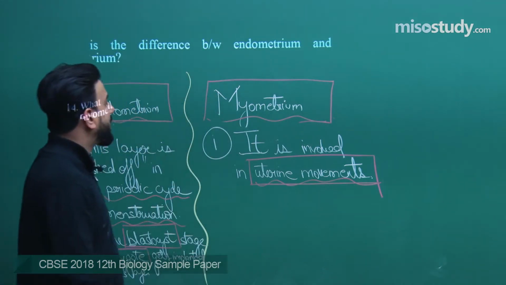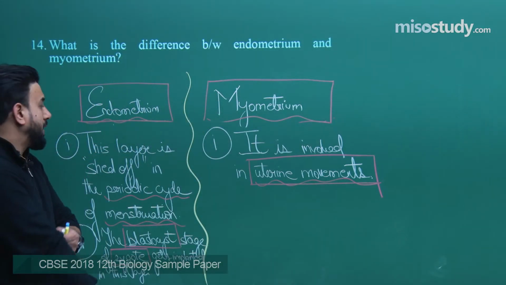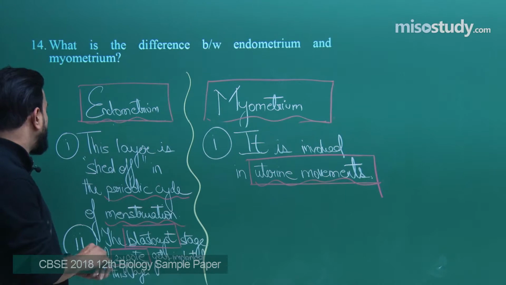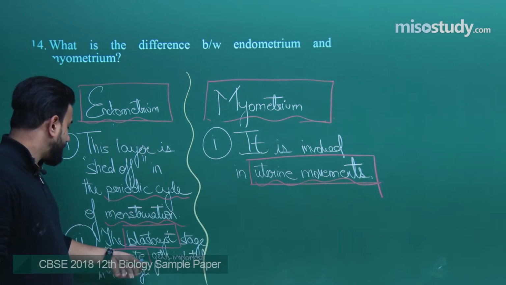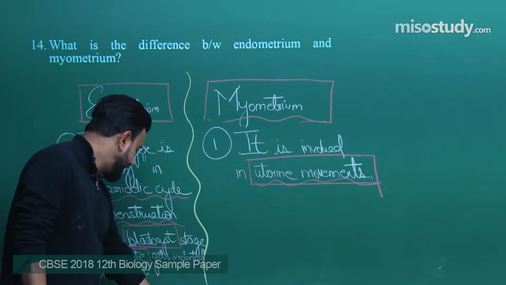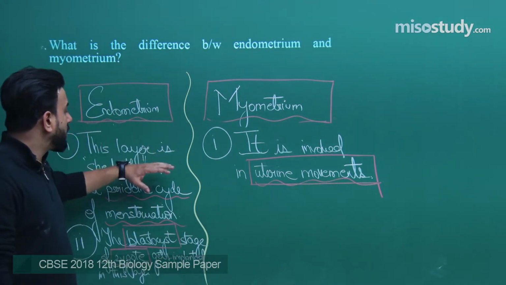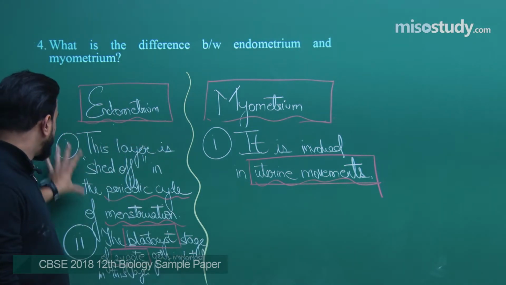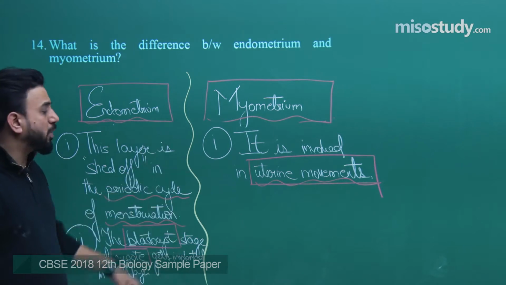So the myometrium is involved in uterine movements, and the endometrium layer is shed off in the periodic cycle of menstruation. The blastocyst stage of zygote gets implanted in this layer. You will have to add on, this will basically be the third and fourth point. The other points you have to add on.